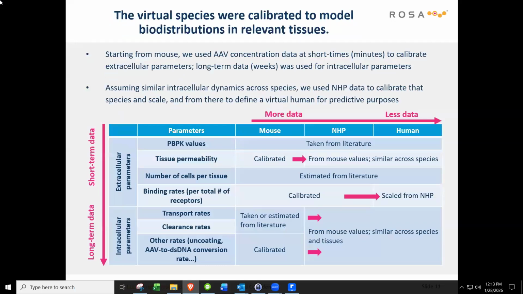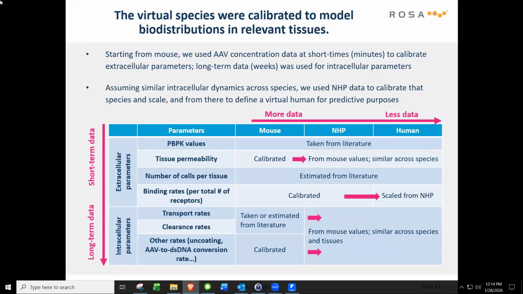Now, for calibration here, we have summarized the protocols we follow. In this table, we can see three different columns: mouse, NHP, and human. We have more data for mouse in literature than for primates and then human.